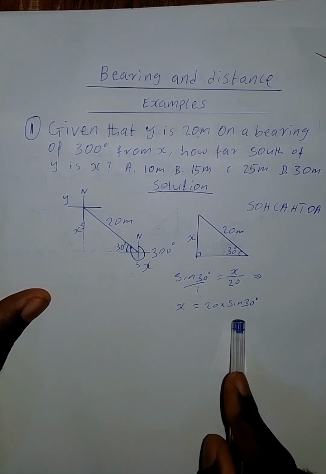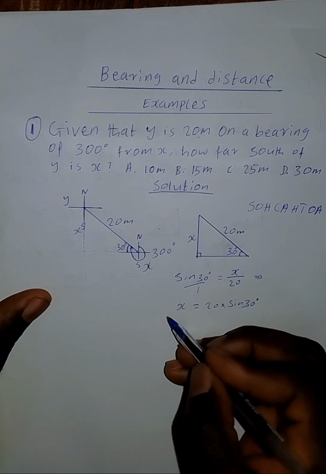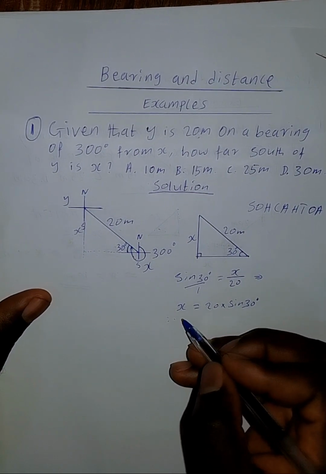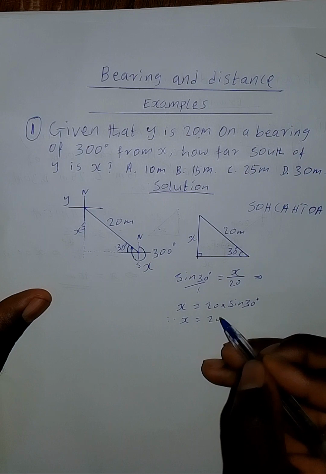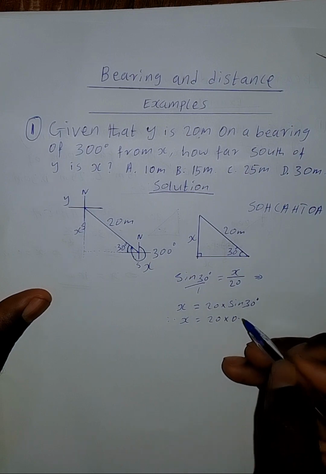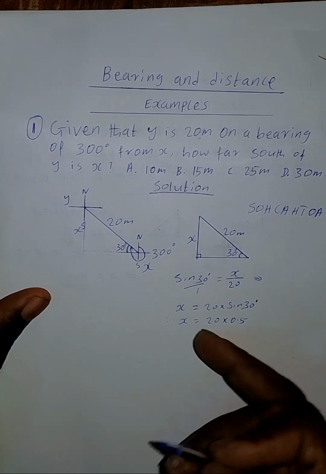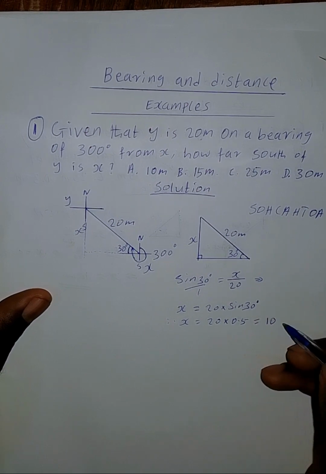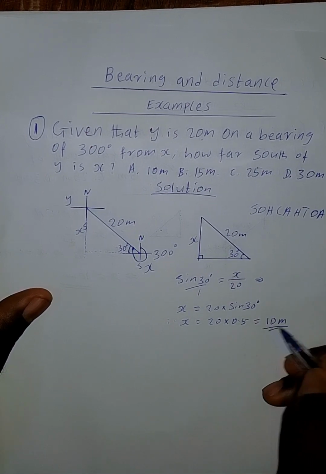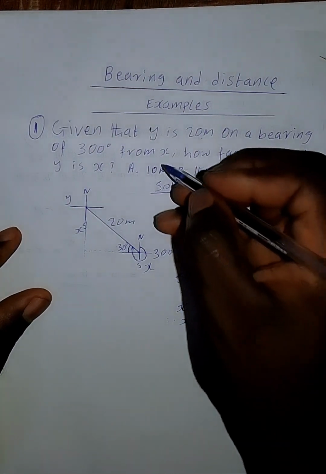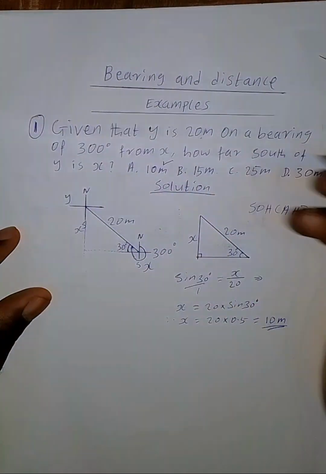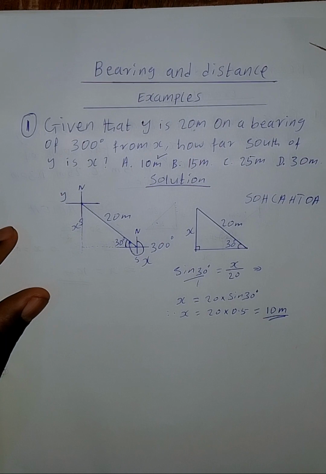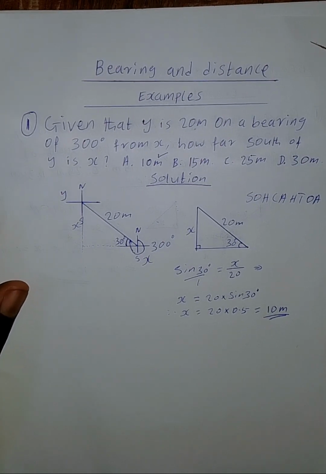But sine 30 degrees is half. Therefore, this means that x is equals to 20 times half, 0.5. 20 times 0.5 is equals to 10 meter. So my right answer here is option A. 10 meter is the answer.